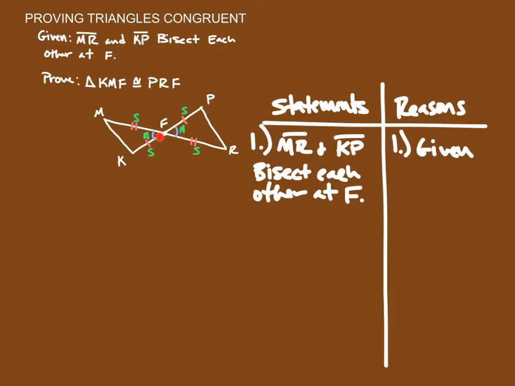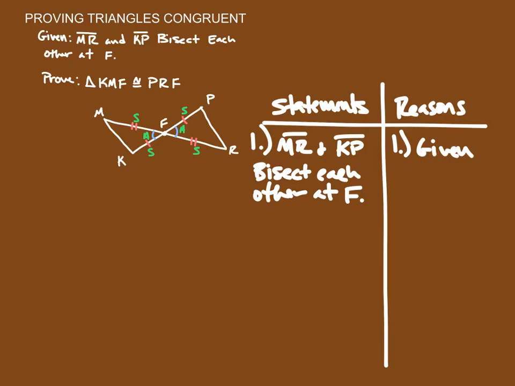Now I want to go through the formal proof. I already did that with the picture, and whenever I'm doing a proof, this is the action I go through. I think about it logically, and then I make my table with statements and reasons. The first thing I put out is my given statement, that MR and KP bisect each other at point F, and that's given to you. It's like Christmas all over again.